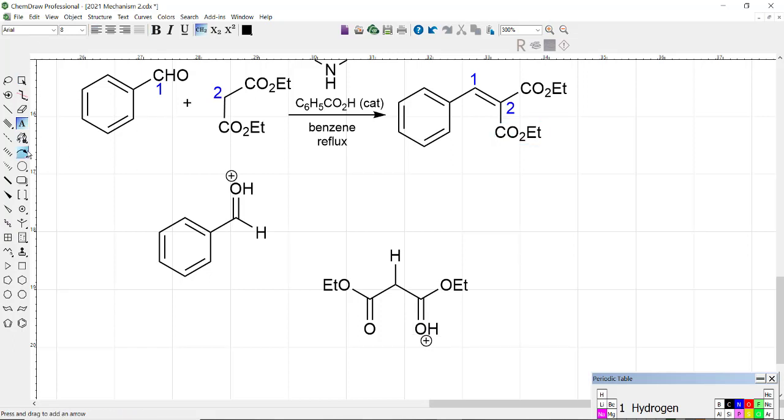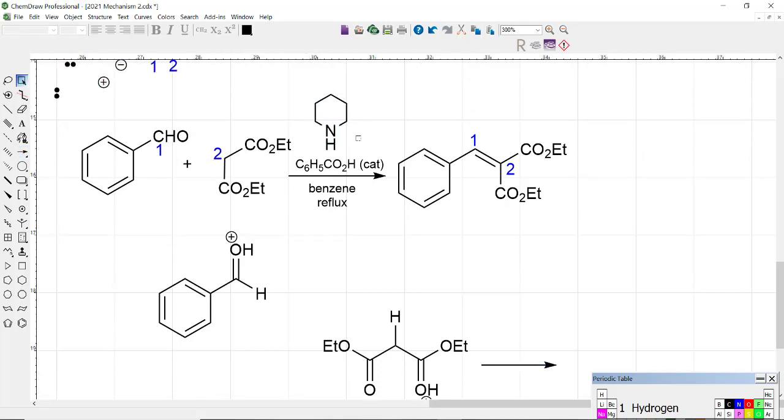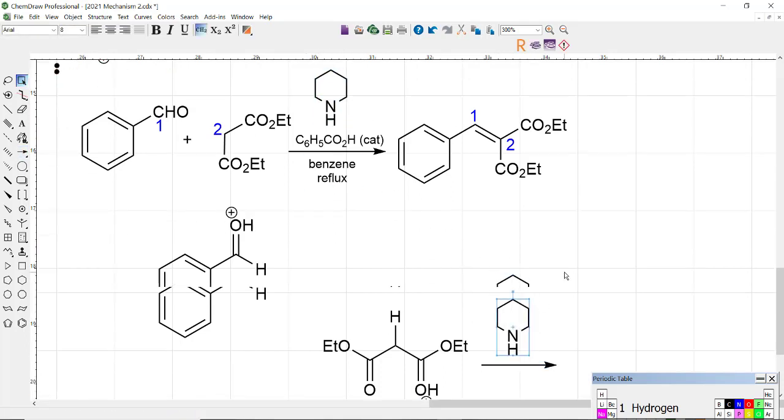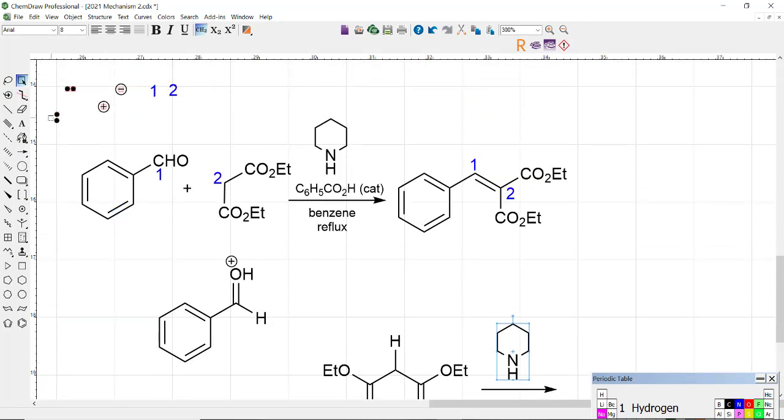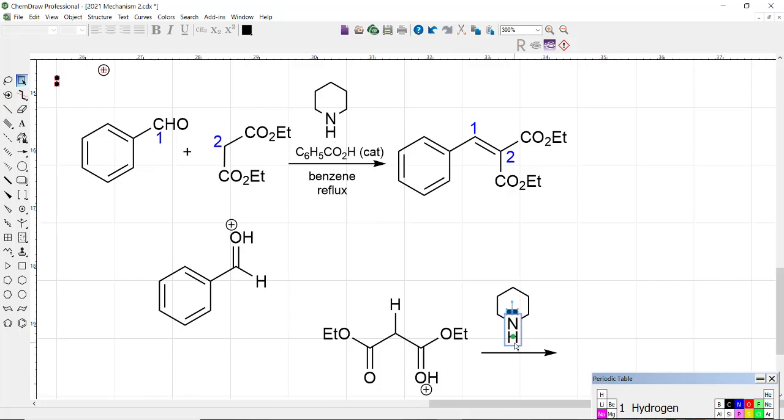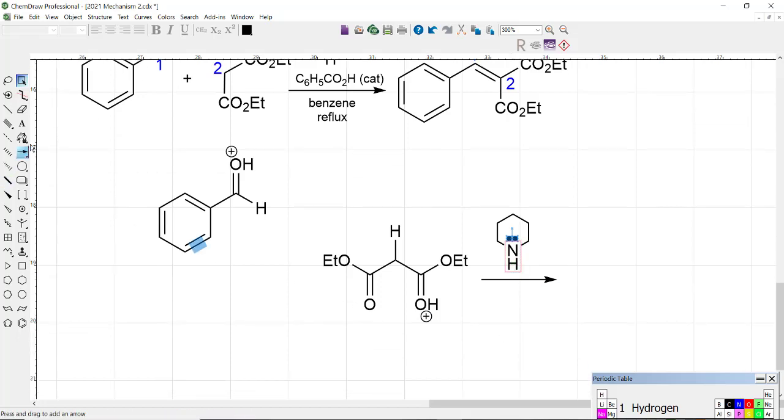And then if you're going to show the mechanism, it will be a good habit to actually show the deprotonation step, because this is probably one of the most crucial steps where we get to see whether you do understand your basics or not.